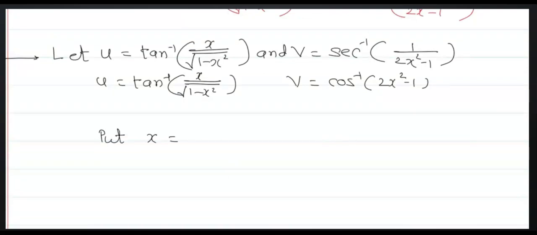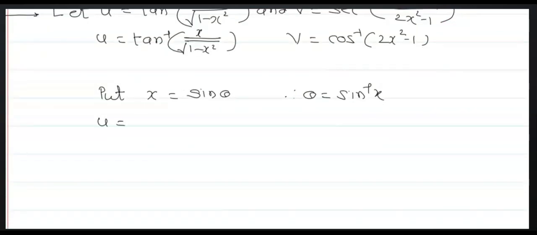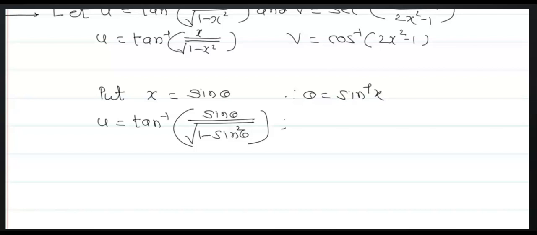Now here, substitute x is equal to sin theta, and therefore theta is equal to sin inverse of x. Now u is equal to tan inverse of sin theta upon root of 1 minus sin square theta, and v is equal to cos inverse of (2 sin square theta minus 1).